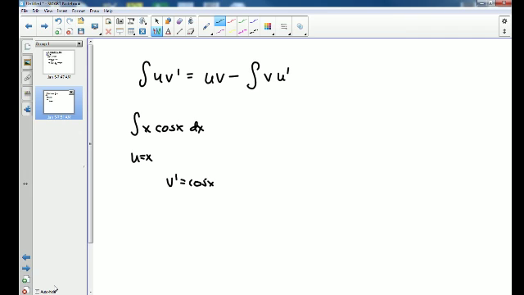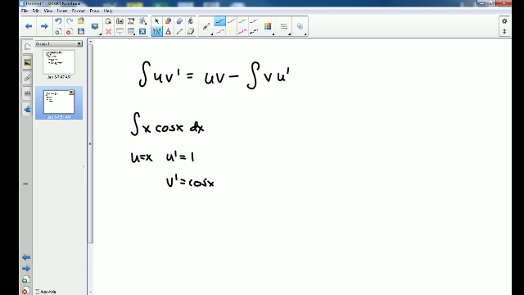What is the derivative of u? 1. See how it's more simple? And look, u prime is up here. See how we're not going to have to worry about u prime in this integral. So that's when you want to choose a simple u that makes it easier to do an integral.